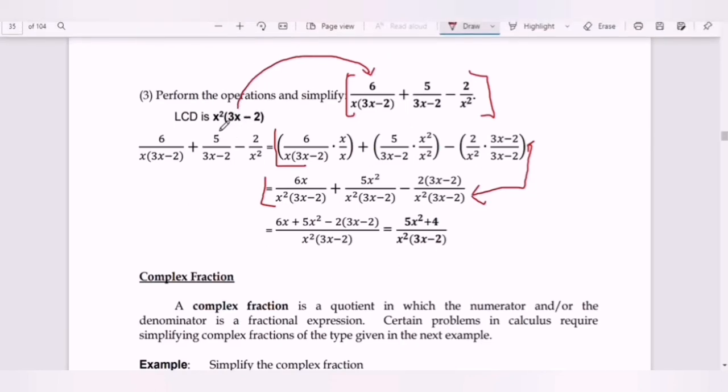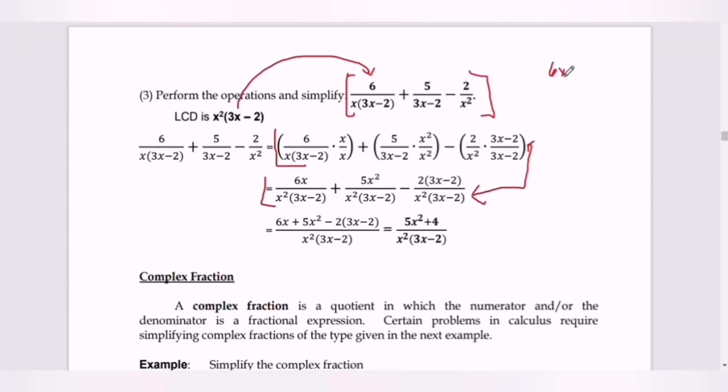So x squared times 3x minus 2 times 6 over x times 3x minus 2. If we have this equation, let's say 6 times x squared times 3x minus 2, so this is 6x squared times 3x minus 2 over x times 3x minus 2.